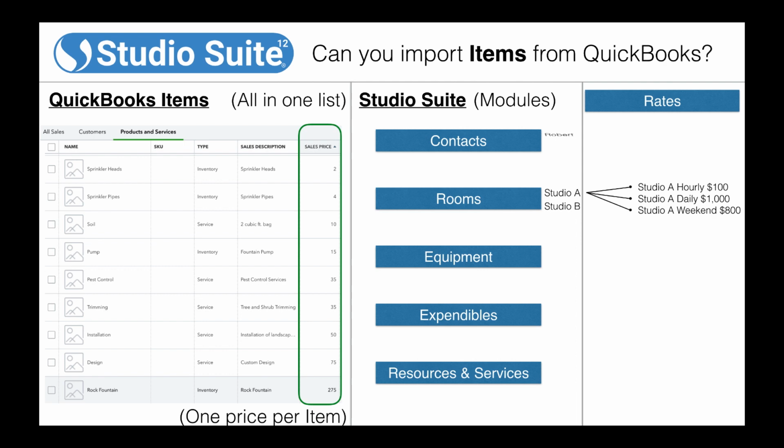Similarly, in contacts, we might have a guy named Robert who works sometimes as an editor for $50 an hour, sometimes as an engineer for $40 an hour, sometimes as a producer for $600 a day. And you may need all of those to show up in different accounts within QuickBooks. So that's why it's not easy to import a list from QuickBooks and have it show up in rates with all of the correct QuickBooks information.